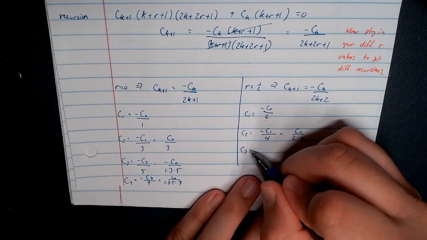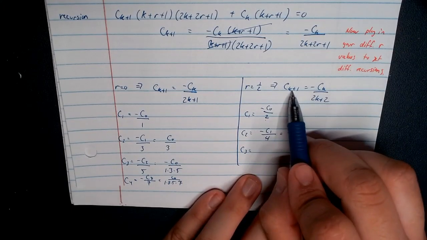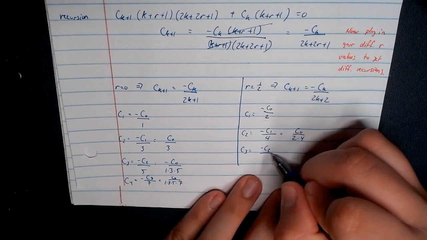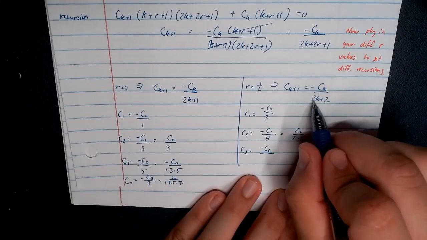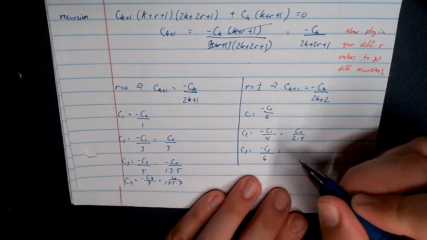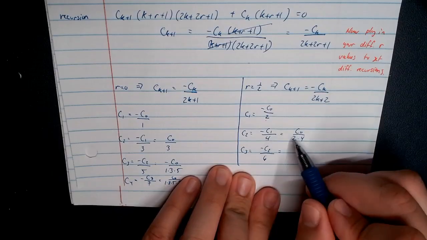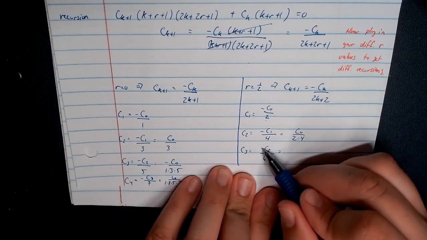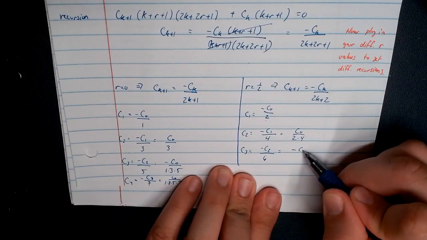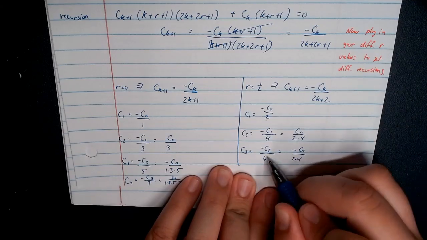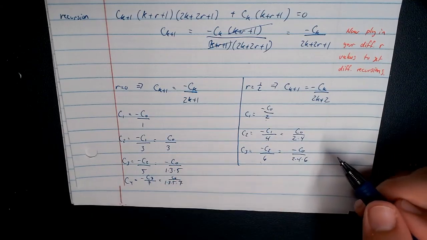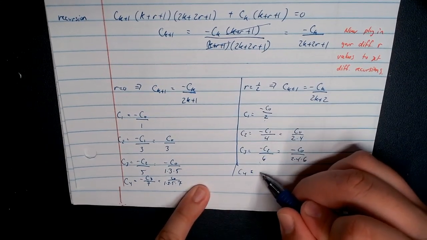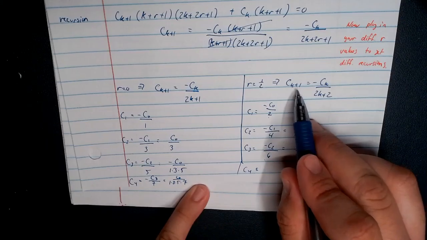If I find C3, that's because my k was equal to 2. So it's going to be negative C2 over 2 times 2 is 4 plus 2 more is 6. But now this C2 itself is this stuff, so I want the negative of this. And then I'm dividing by an extra 6. If I take C4, that's because k was equal to 3.